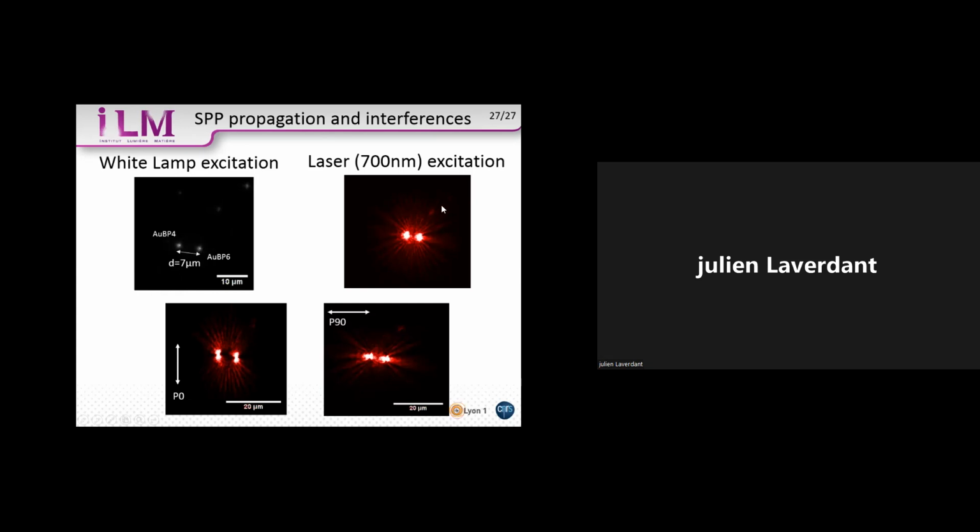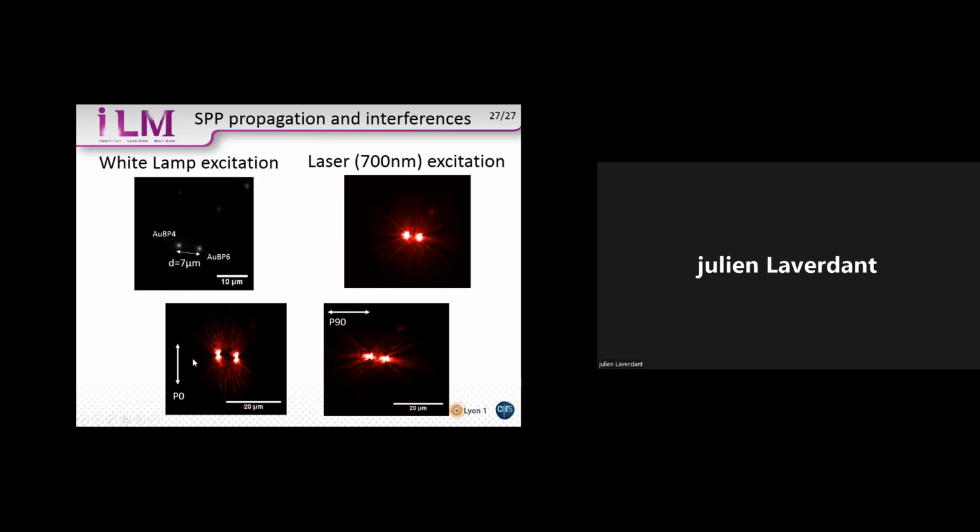And now I can use some laser to excite these two bipyramids. And what you can see when I excite these two bipyramids, the scale is 10 micron, is that the light is scattered in all directions, but the scatter is not located around each bipyramid. You see that the light is propagating everywhere.